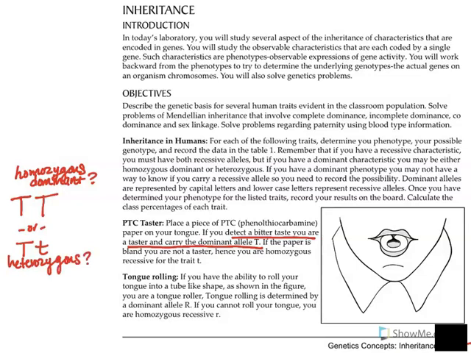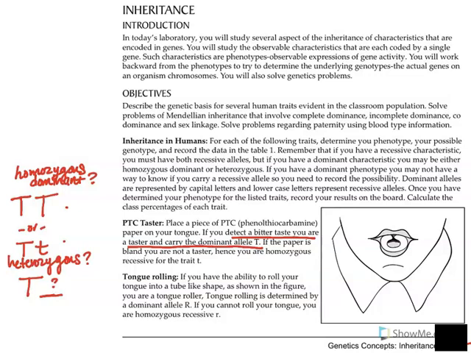You don't know. You're not sequencing your genome today, so you can be one of two different genotypes. So the way I want you to reflect that is by writing T for PTC testing and then a blank space right after, because you don't know what you are if you can taste PTC in this example.